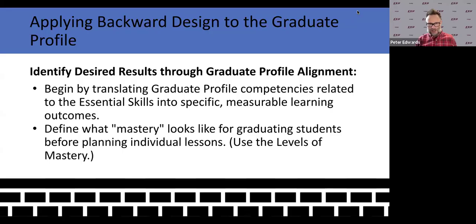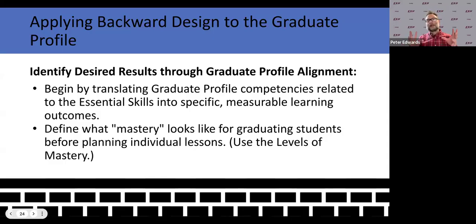What essential skills are they going to understand at the end of your course, at the end of your program, wherever it happens to be? You want to consider what mastery looks like, and there are really helpful levels of mastery grids that you can refer to.